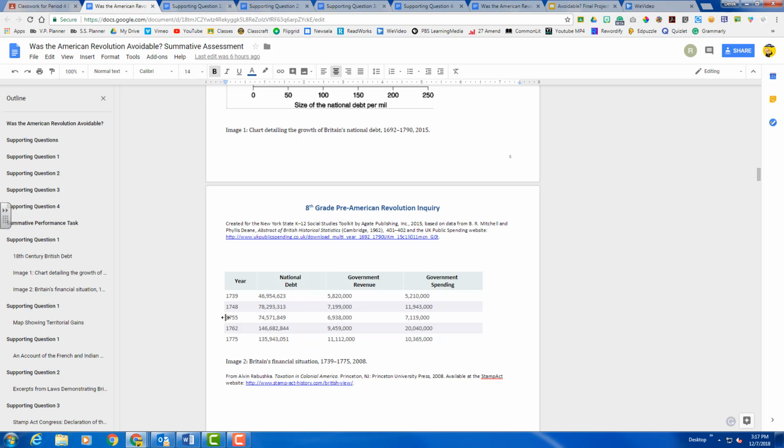It talks about how much government spending and how much revenue they had, and how much the national debt was going up. You can see that in one year, 1762, when the French and Indian War was going on, how much debt they would go into.